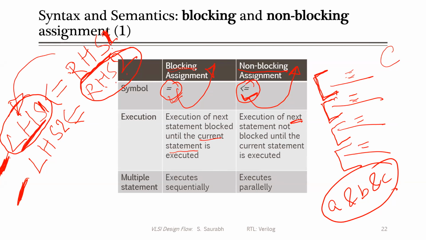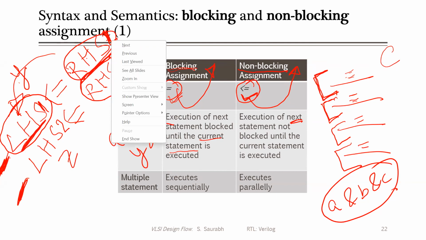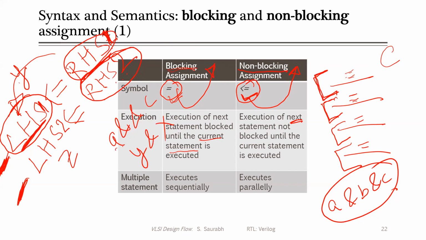For example, suppose here your expression was A and B and C, and the other RHS was Y, with the LHS being Y and Z. The RHS A and B and C is evaluated and that value is stored, and Y is not yet updated.